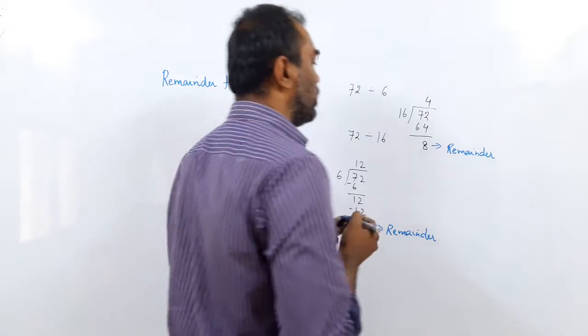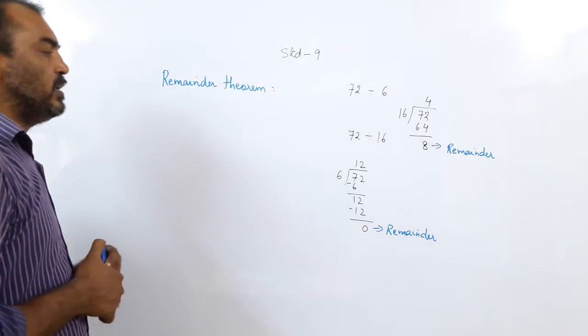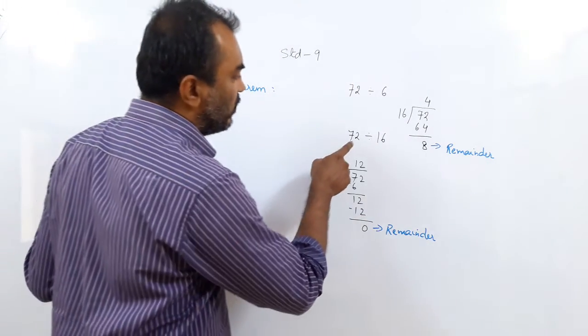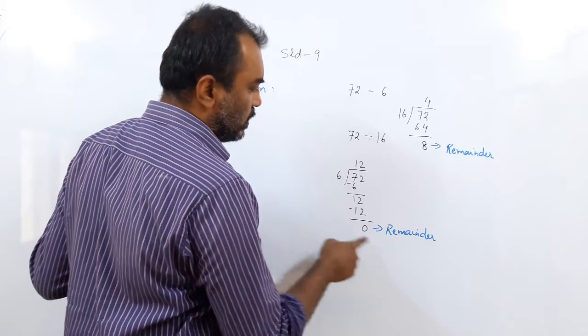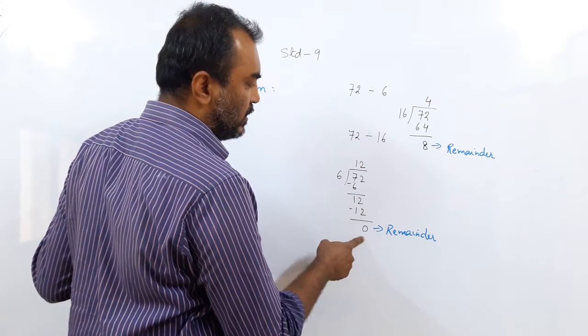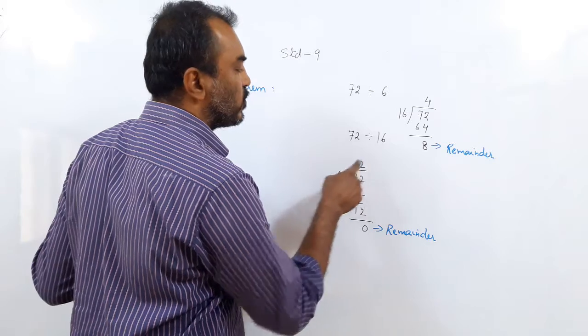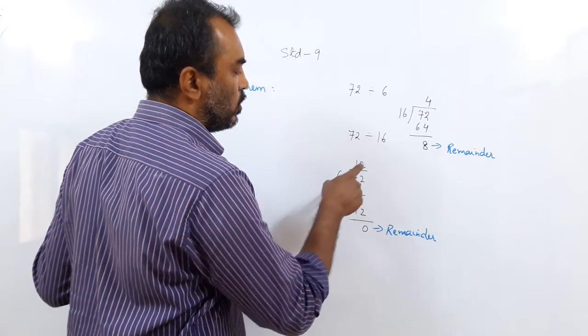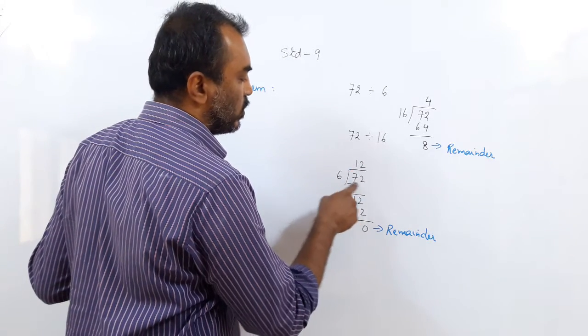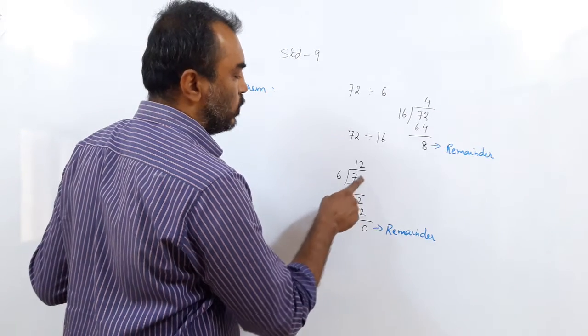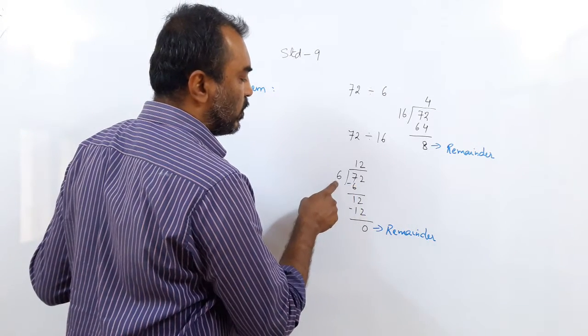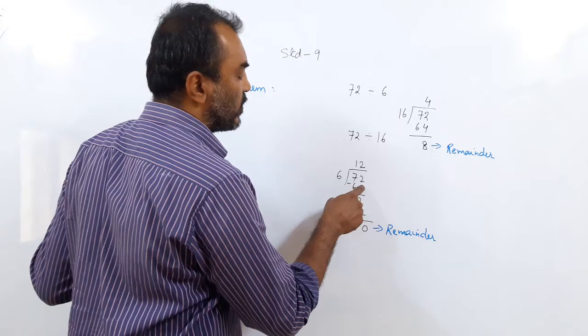Now before we go to the remainder theorem, I think you have understood what I was telling you here. When I divided 72 by 6, I got the remainder 0. Means 6 is a factor of 72. 6 12s are 72, means 72 is a multiple of 6, or 6 is a factor of 72.